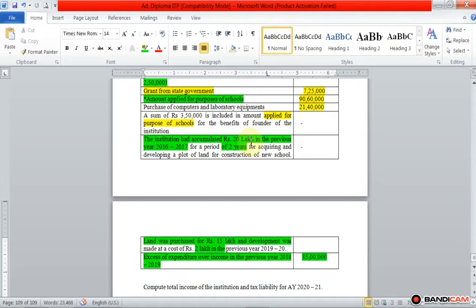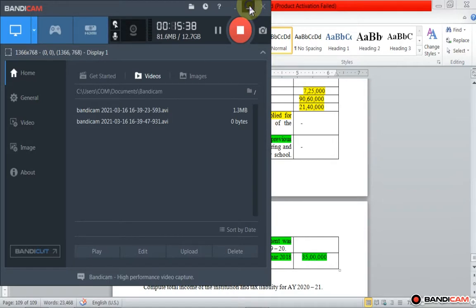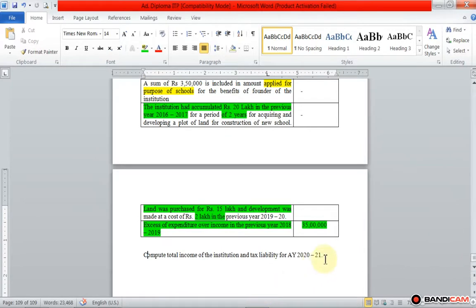Computation of taxable income from charitable organization.